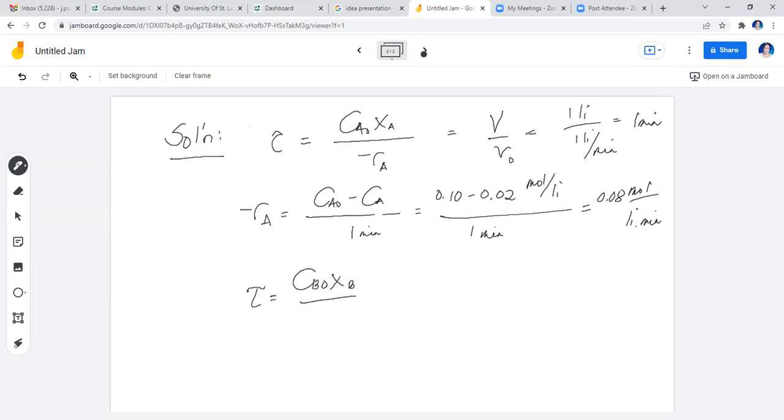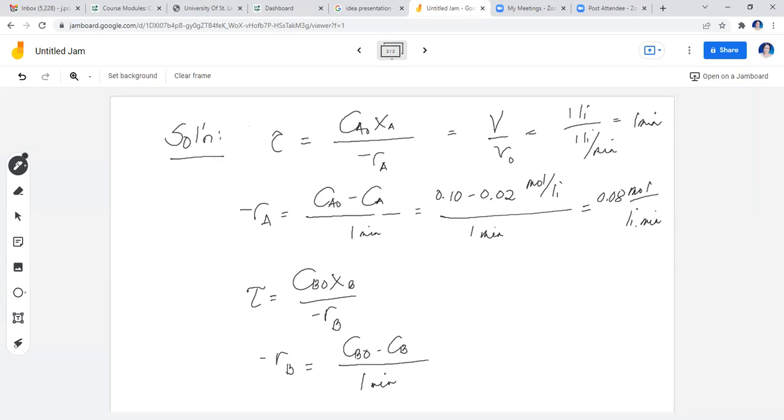And we have here the rate in terms of B. We still have the same tau, so I will write 1, or shall I say I'll have it written like this so we can right away determine what we want to determine. So we'll have the rate in terms of B is equal to, just like what I have done here, CB0 minus CB divided by the time, which is 1 minute.